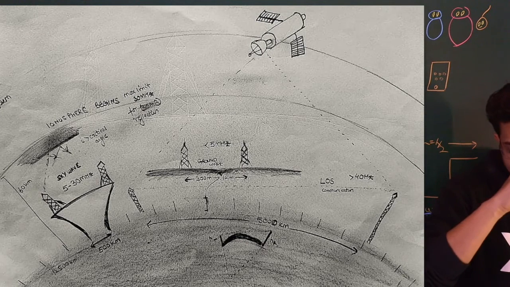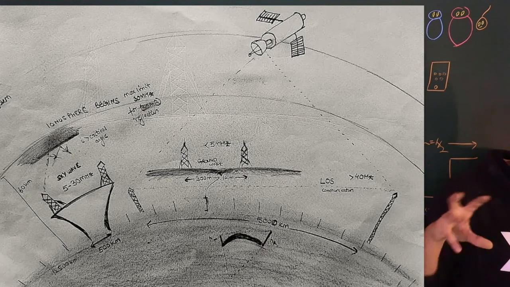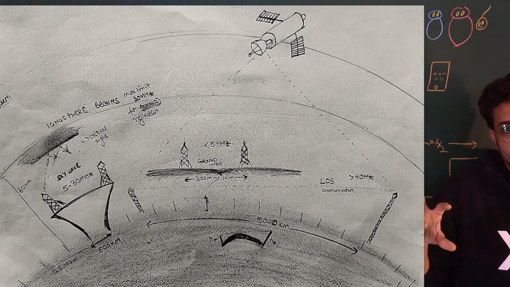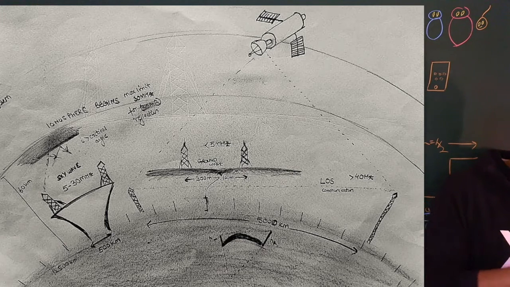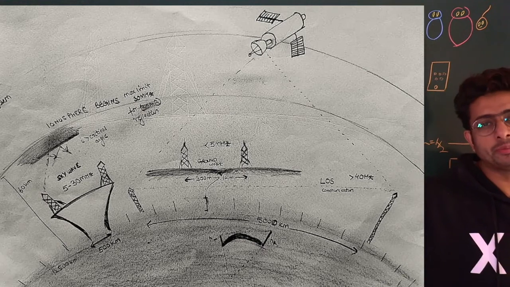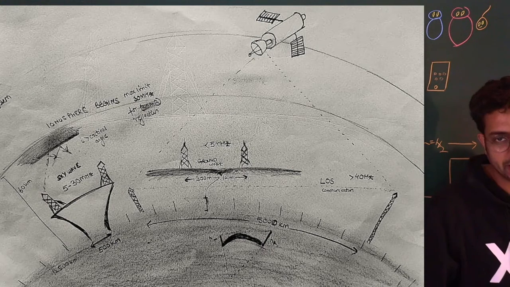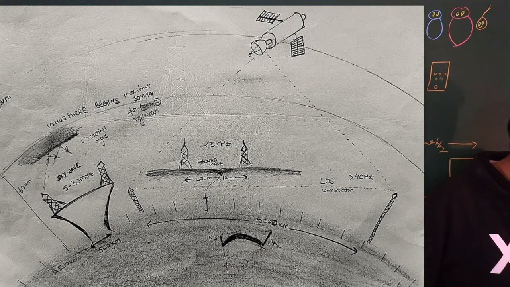If each marking is 500 kilometers, the circumference of the earth is around 40,000 kilometers. So this represents the actual picture as if I had drawn it to a scale. This is the scale, and it represents this kind of movement.